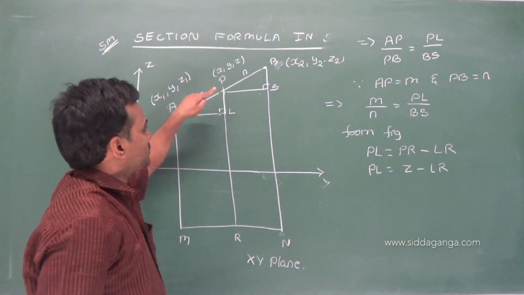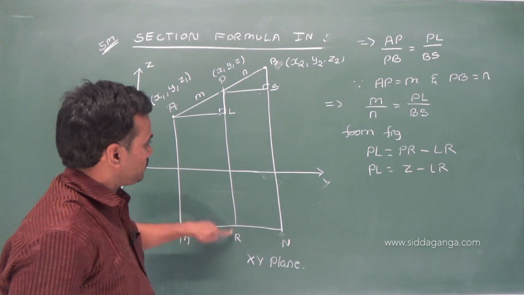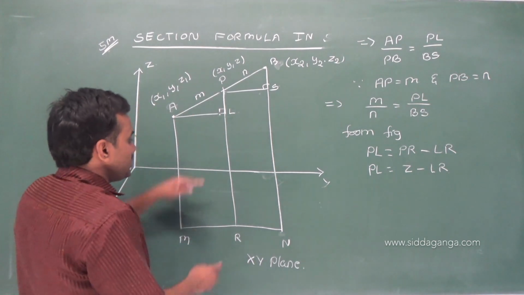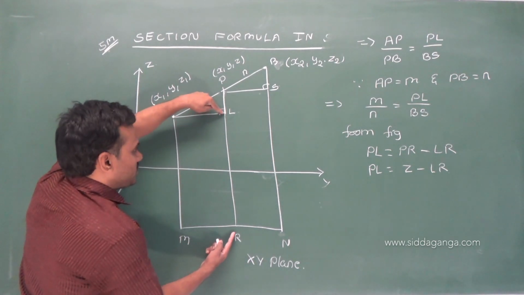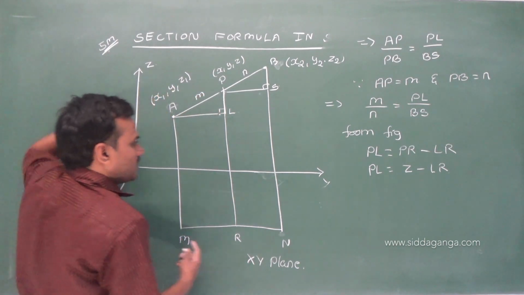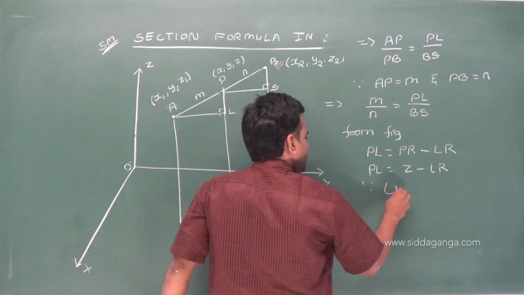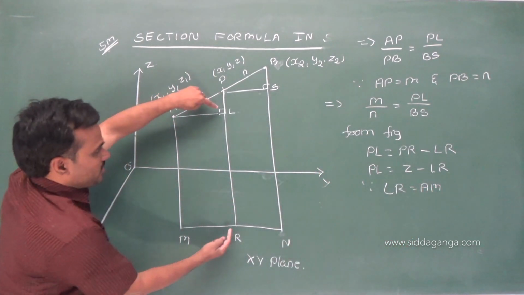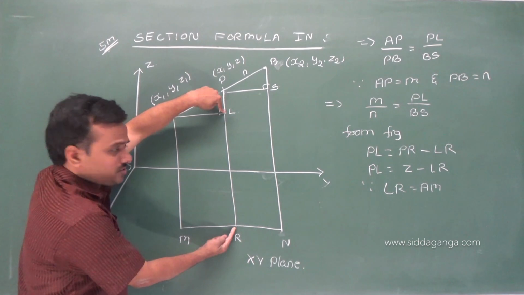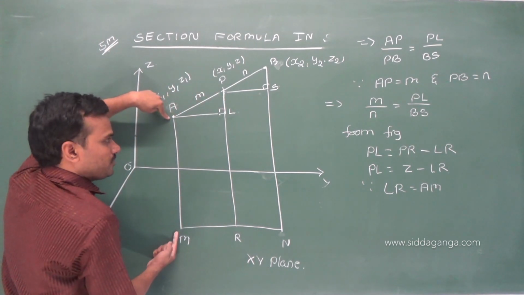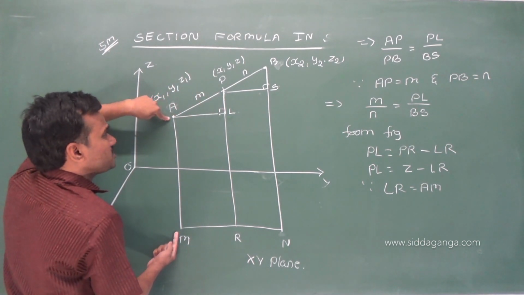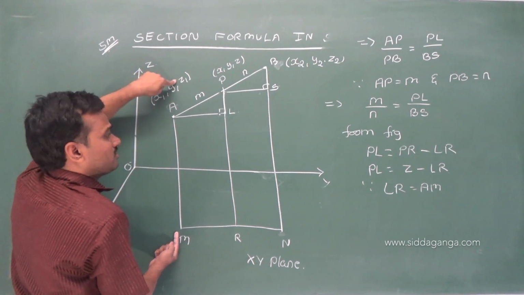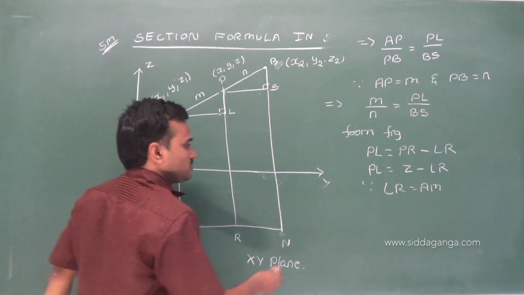X comma Y comma Z. This PR is nothing but the coordinate of Z. LR, again from figure, LR is the same as AM. AM is nothing but the coordinate of Z1.